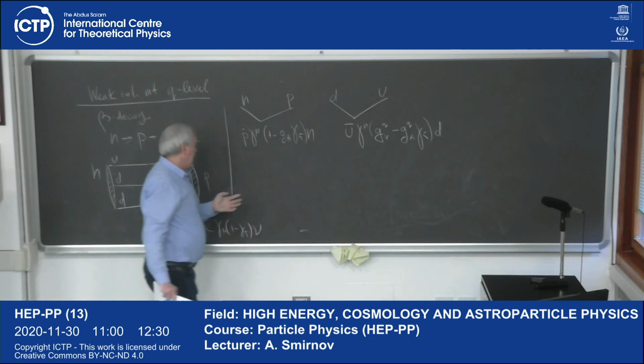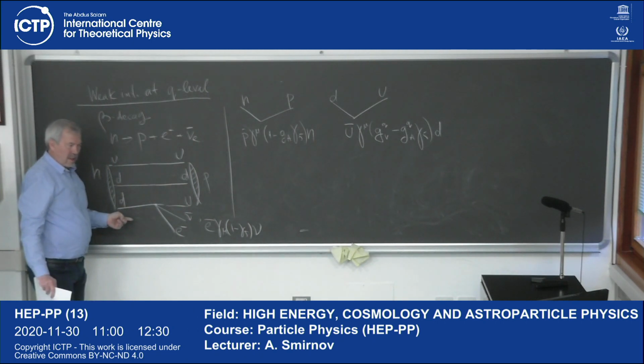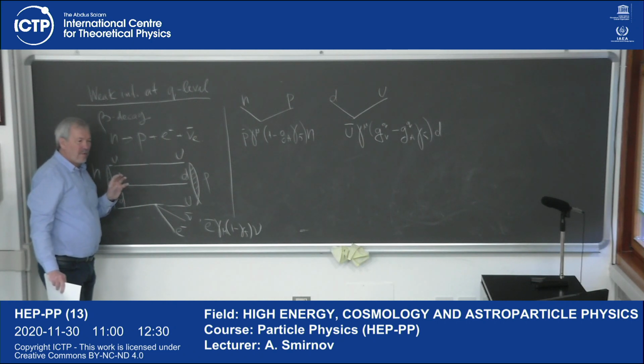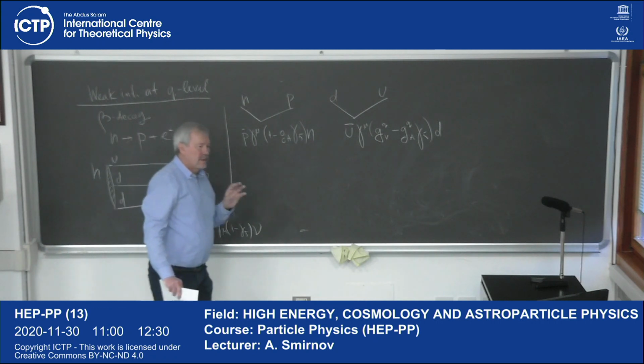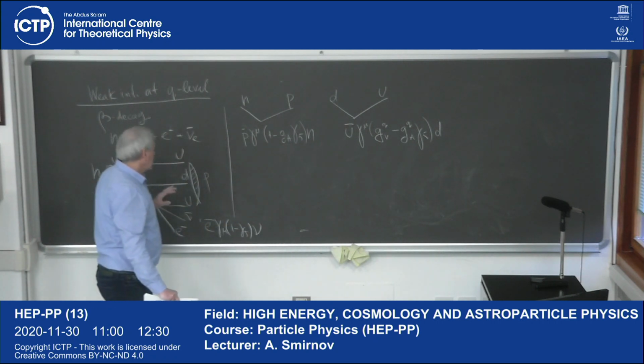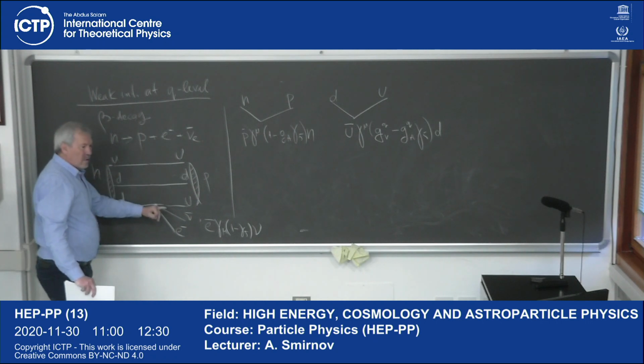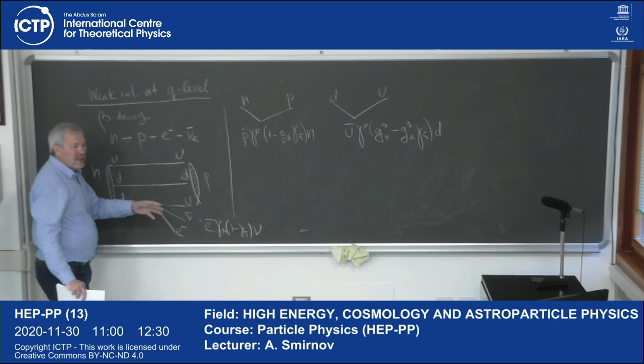By the way, I have just written 3 quarks here, which people usually call valence quarks. These are quarks which carry the quantum numbers of the proton. In fact, the structure of hadrons is more complicated. Inside the proton and neutron, we have not only these 3 quarks, but also quark-antiquark pairs and also gluons.